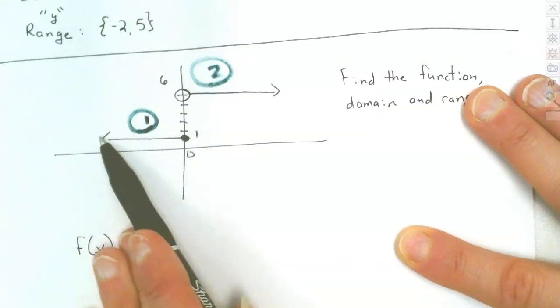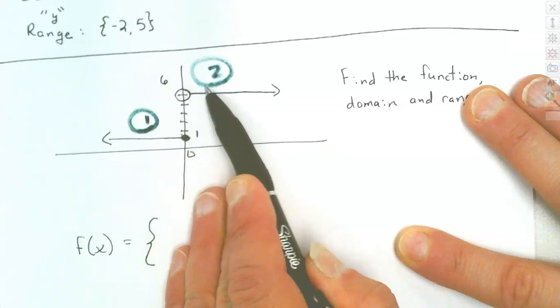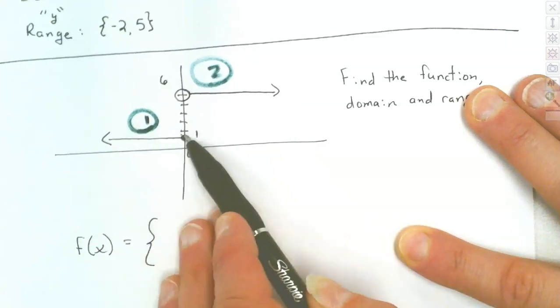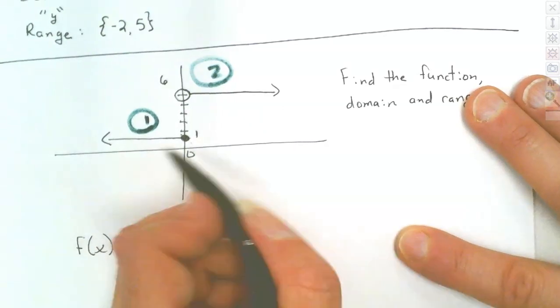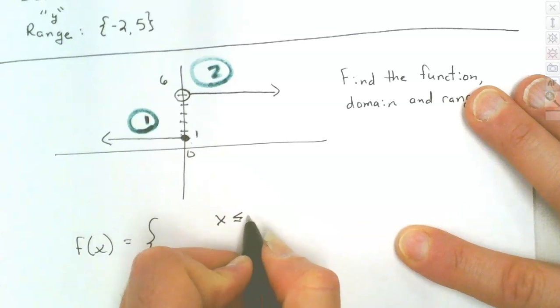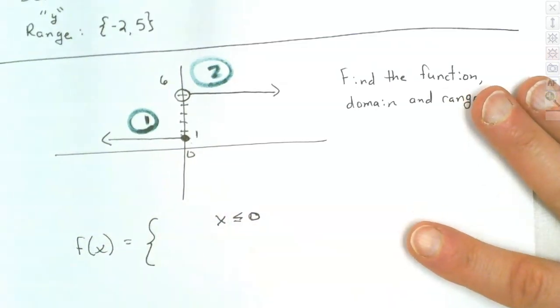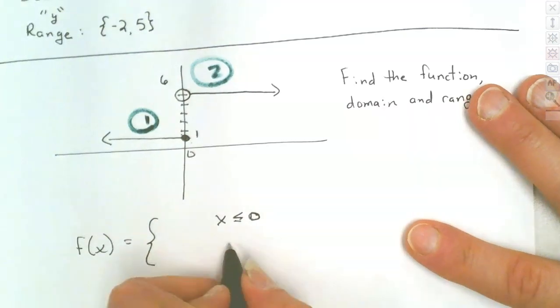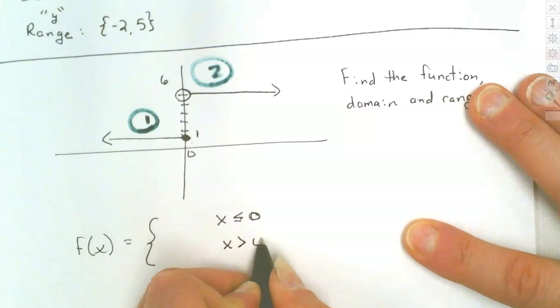So I'm here at 1, and then when I hit 0, what happens? I go up to the next row. Okay? So it switches at 0. Now, row number 1 is for values of x that are less than or equal to 0. Row number 2 is for values of x that are bigger than 0.